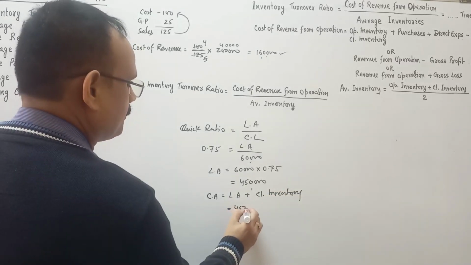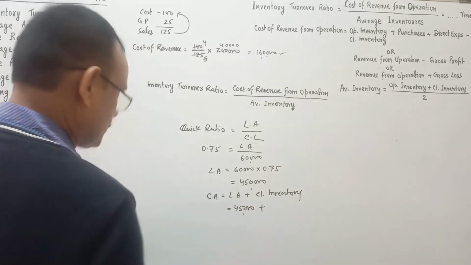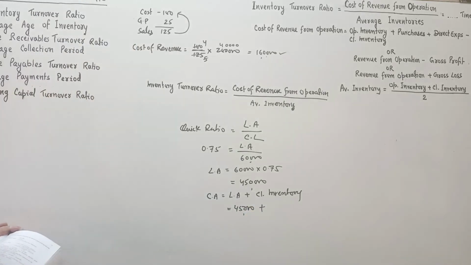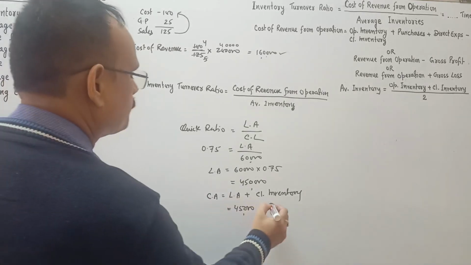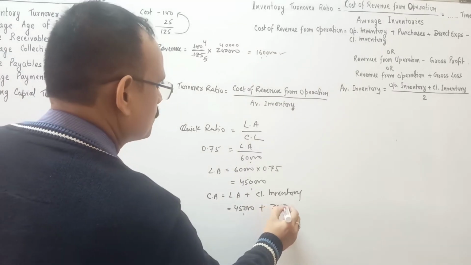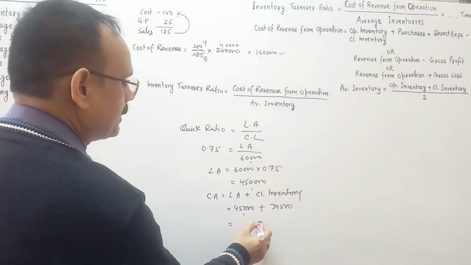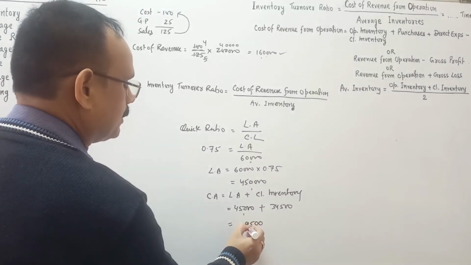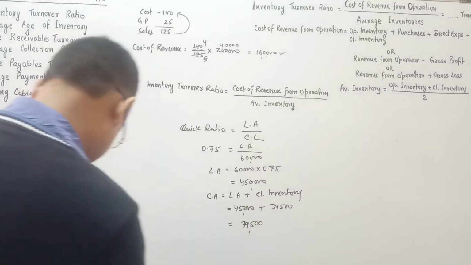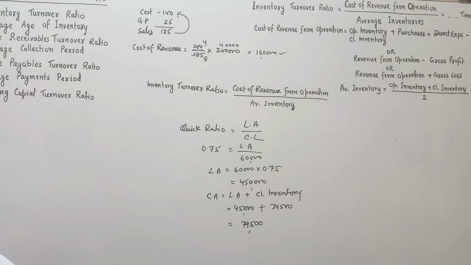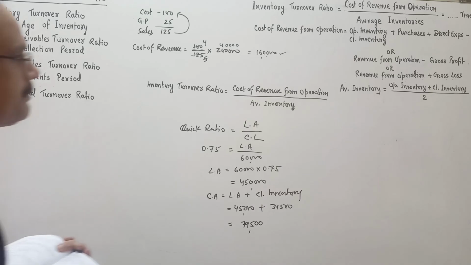Liquid assets is 45,000 and closing inventory we have calculated is 34,500. So 79,500 is our current assets.